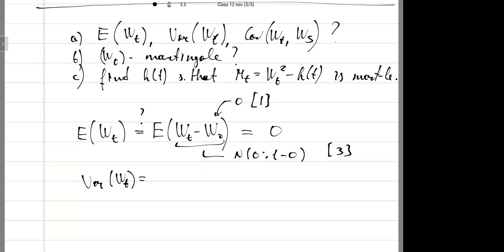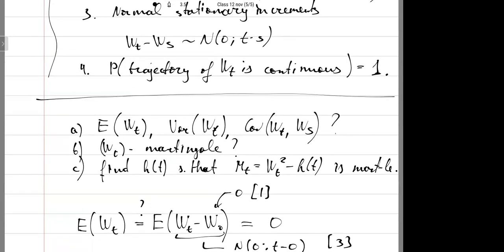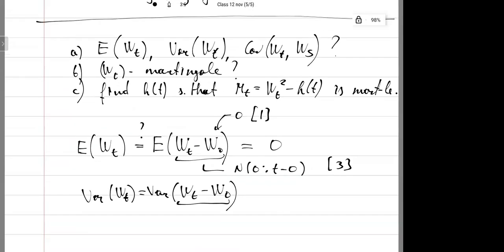Once again, it's the variance of Wt minus W0, because W0 is 0. And according to the definition, what is the distribution of the difference? Normal with expected value 0 and variance t minus 0.